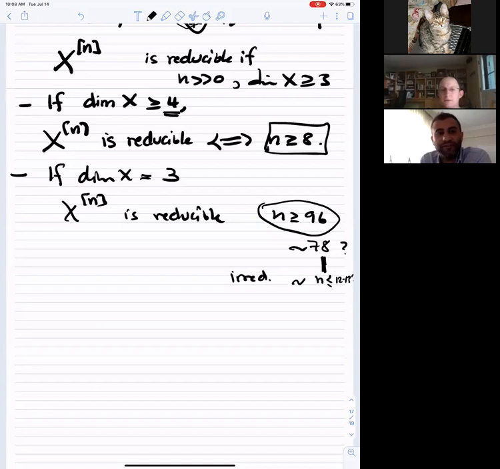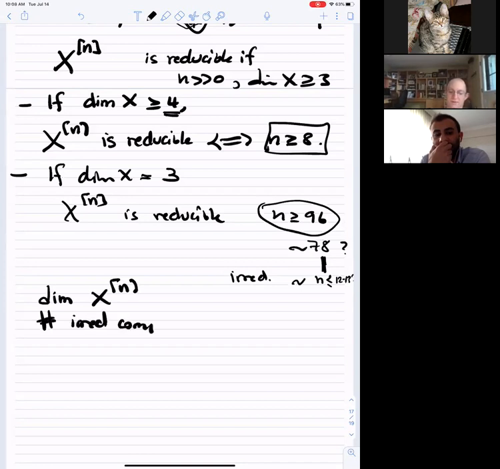The other question that you can ask is that we don't understand the dimensions and the number of irreducible components, like the dimension of X^[n] and the number of irreducible components. These are all open problems. We don't even know whether there exists a non-reduced component.